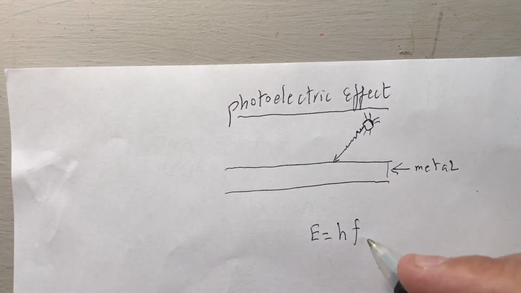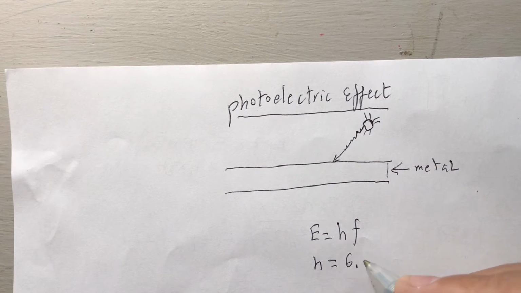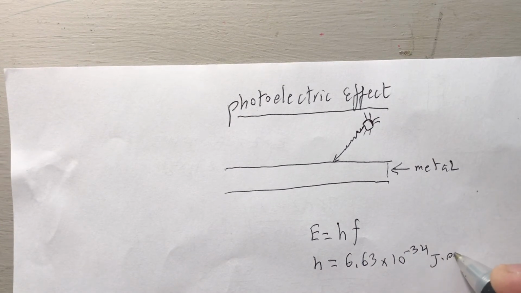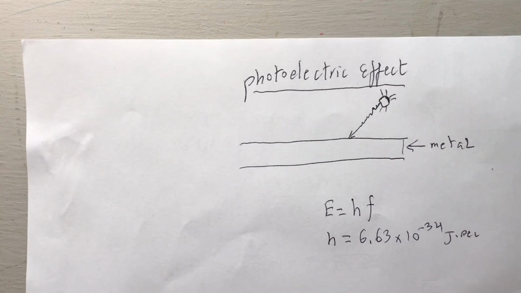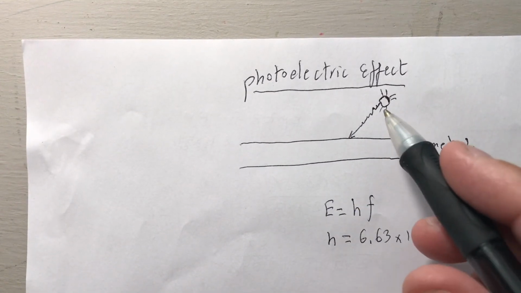Now this Planck constant h is very small, equal to 6.63 times 10 to the minus 34 joule second. This is the energy of the photon coming in.